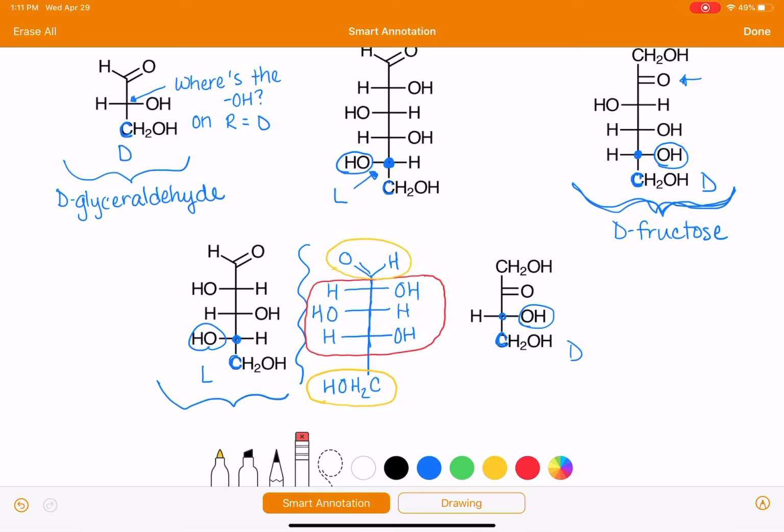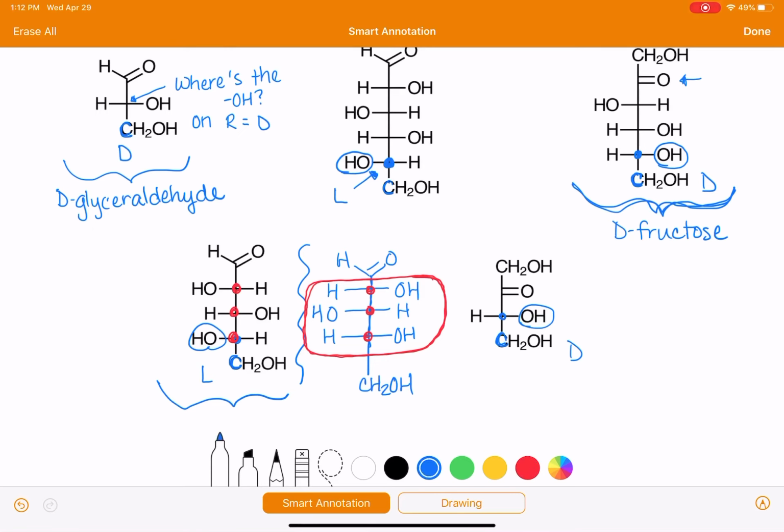You could draw it like this, that's fine, but you could also choose to not mirror the very bottom, and you could choose to not mirror the top also. So maybe you would see it like this. When we're drawing the enantiomer, the only thing that really matters is that you mirror the horizontal bonds, these guys right here. We're mirroring the chiral carbons, and only the chiral carbons. That's what it means to draw the enantiomer.